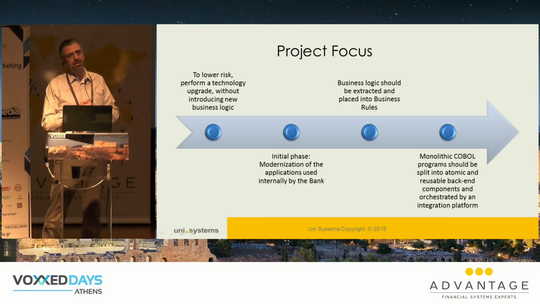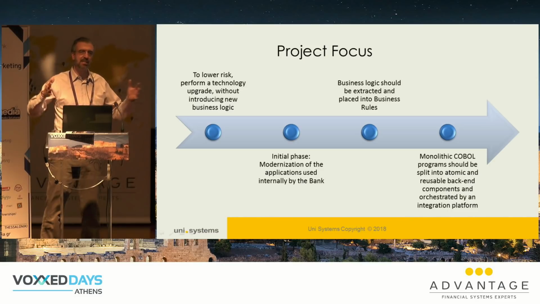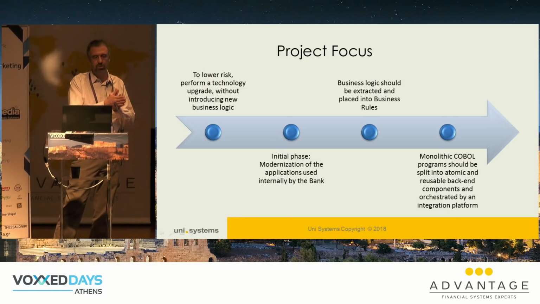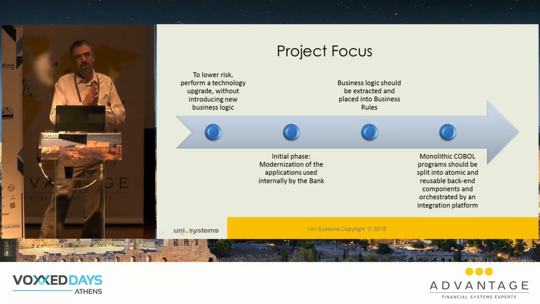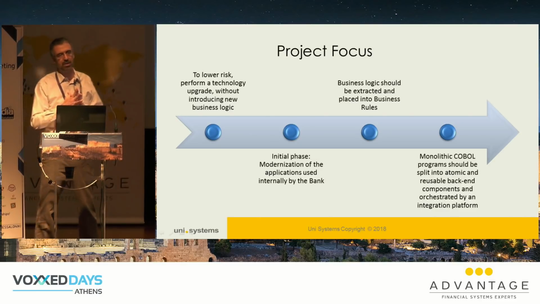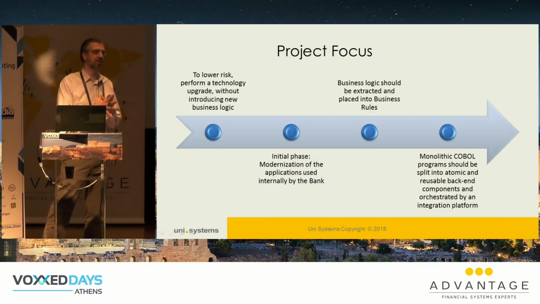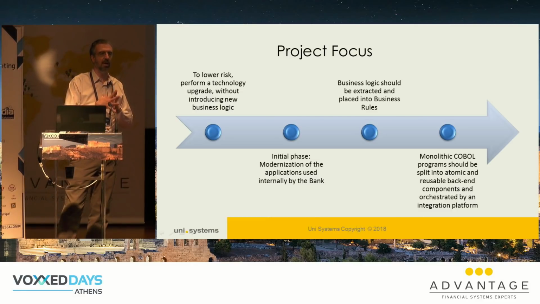So what they said is, okay, let's keep the mainframe, but let's take these monolithic transactions that do everything from beginning to end, and split them into small modules that do very, very specific things, okay? Where initially you would have a transaction that would, for example, debit an account, so do a withdrawal, and that transaction would have to do all the checks from beginning to end.